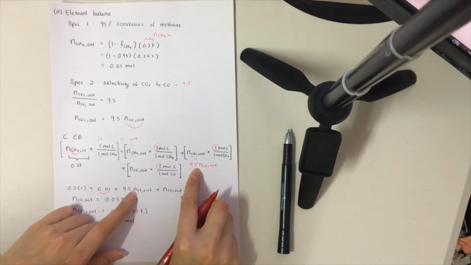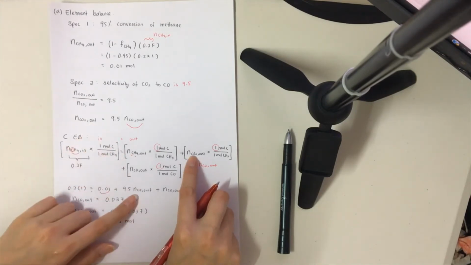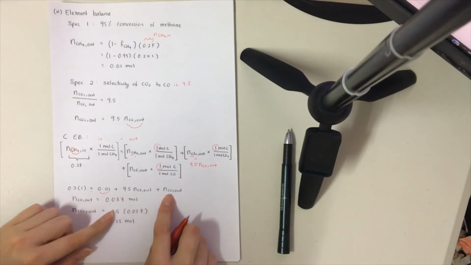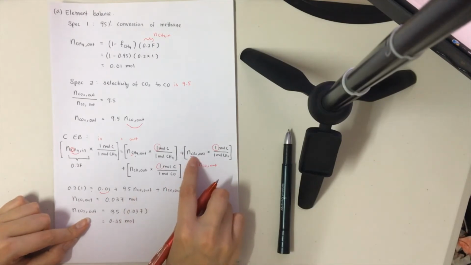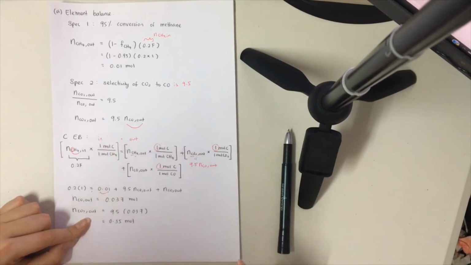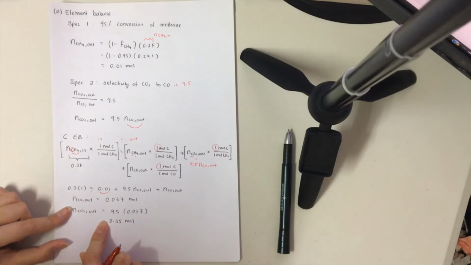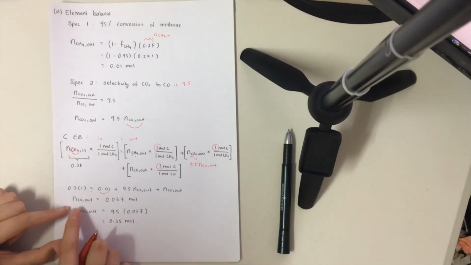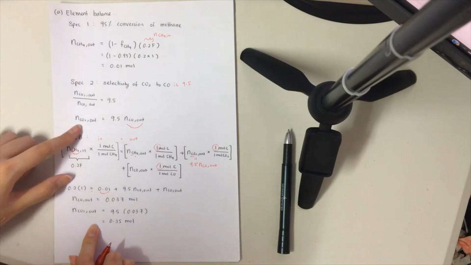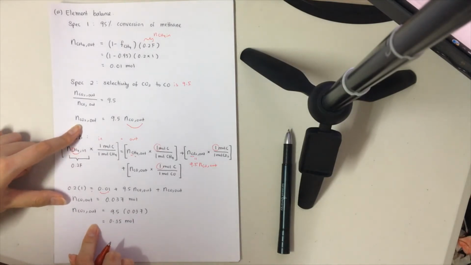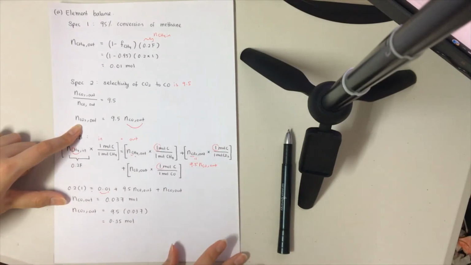So we replace this with this, plus the number of moles of CO coming out over here. And the final calculation gives us that the number of CO coming out is 0.037 mole. Then again, we can use this equation to calculate the number of CO2 coming out, which is 0.35 mole.